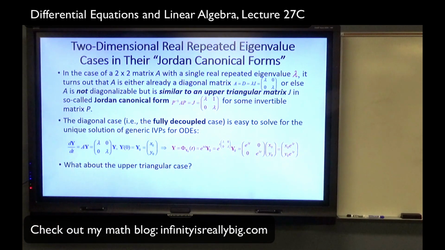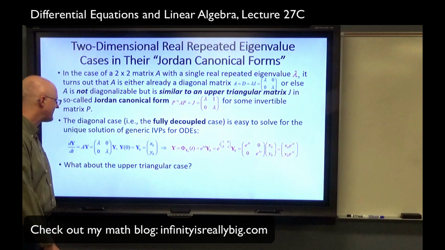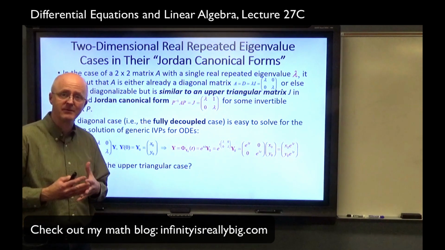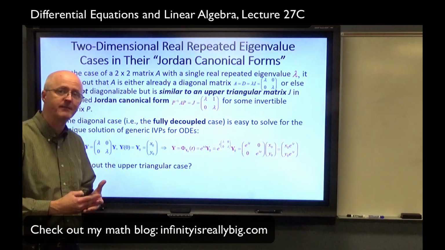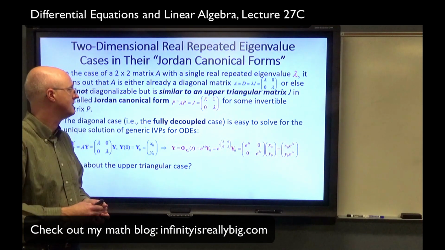Now, what about the other case? What about the upper triangular case? We've actually talked about that before. We'll do it again. You can solve it because it's partially decoupled.